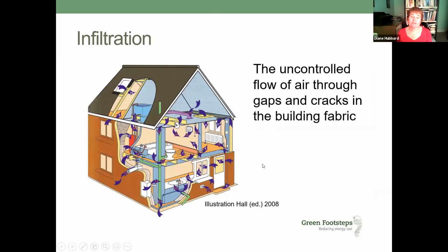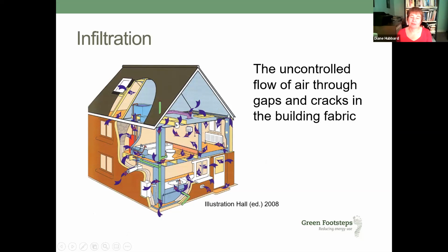What I want to do first of all is talk about what air tightness is all about. Underlying air tightness is something called infiltration, and that's the unwanted airflow that we get in buildings. It's not the deliberate stuff that we really need, it's the other stuff that's taking place. This picture is a really good illustration of the points we're talking about.